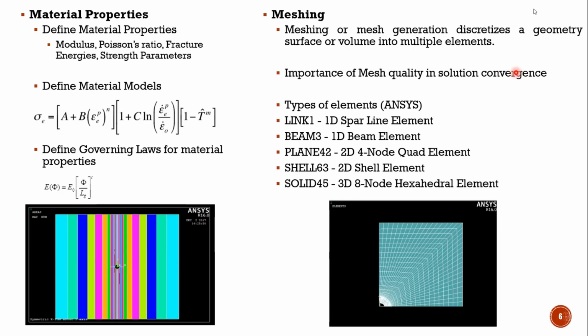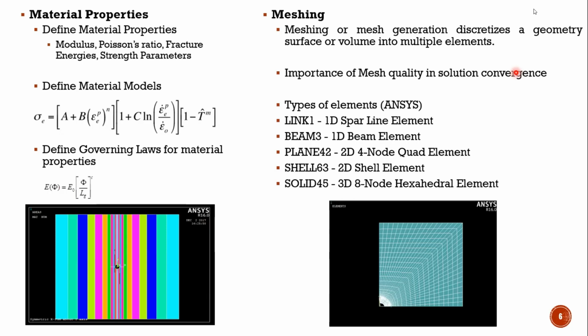So for that, generally what we do is we go for some meshing strategy, we call it. We'll go for different energy based meshing strategies, and then we have some strength based meshing strategy.